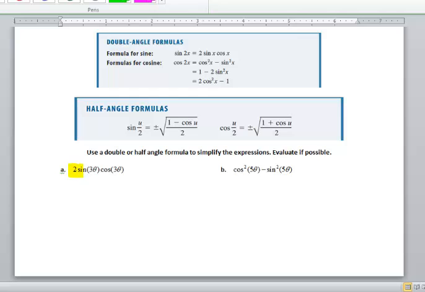But if you look at this, 2 sine of 3 theta cosine of 3 theta, it looks very similar to the right-hand side of the double angle formula. But again, the difference is that the role of x is being played by 3 theta. So now I'm going to write something that looks like the left-hand side of the double angle formula. But if x is 3 theta, that means that 2x is going to be 6 theta.